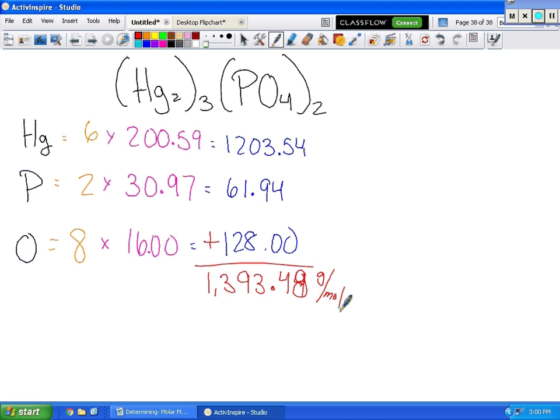Now, let's use your eyeballs again. Based on the numbers alone, what is obviously going to be the highest percentage of this thing? Definitely going to be mercury by a large margin. Okay, so I've got 1393.48. Does anyone have the percentage yet? Should be 80 something. 86%. Oxygen's like 4, isn't it?